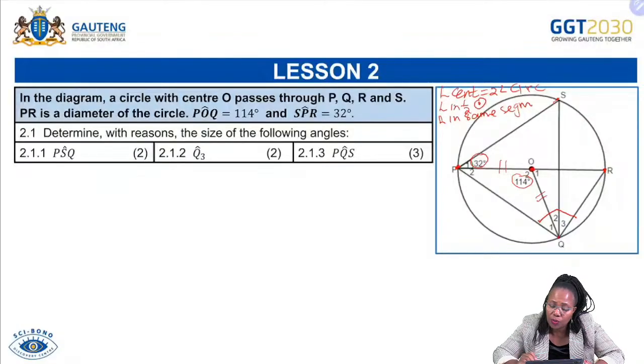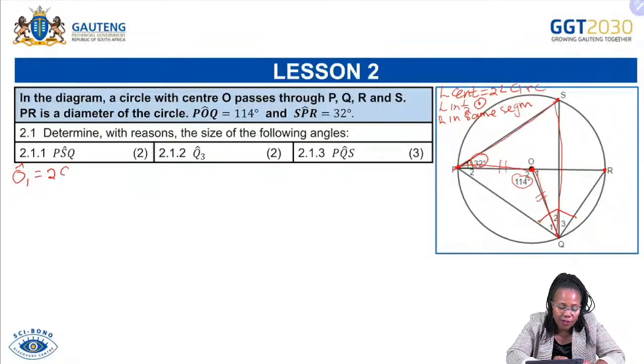Angle PSQ. If you look at that, can you see that diagram? Use your colors, grade 12s. It will assist you. You have a diagram of angle at the center twice angle at the circumference. Angle at the center is O1. It is twice angle at the circumference, which is angle S, or the PSQ. And then the reason will be angle center is twice angle circumference.